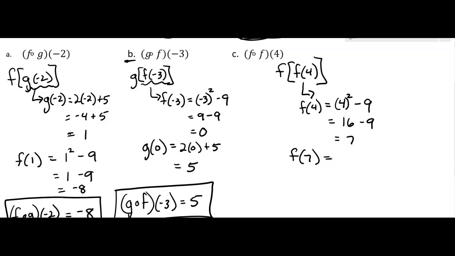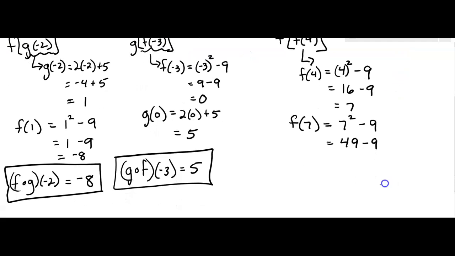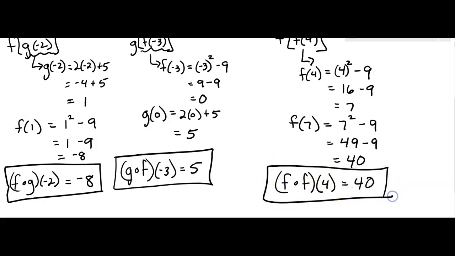We'll go back to the f function, this one right here, and I'm going to take 7 squared minus 9. Well, 7 squared is 49, and 49 minus 9 is just 40. So f compose f of 4 is equal to 40. All right.